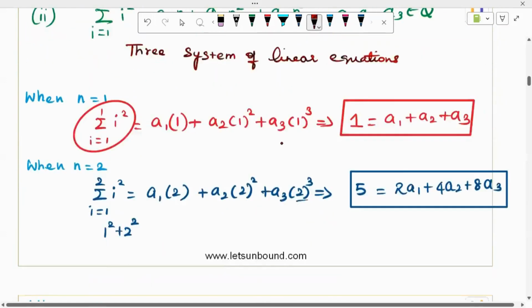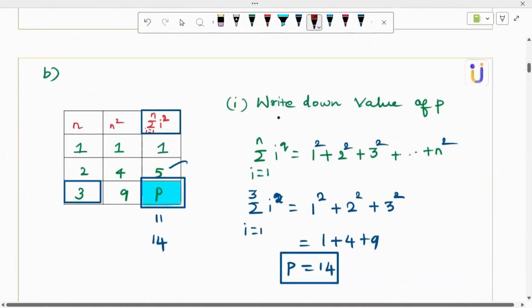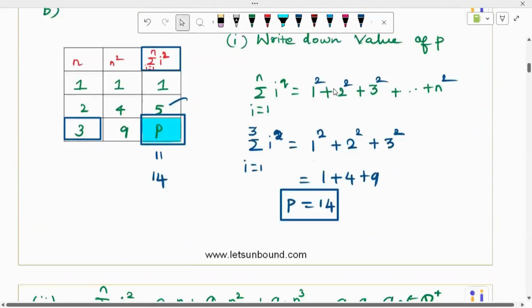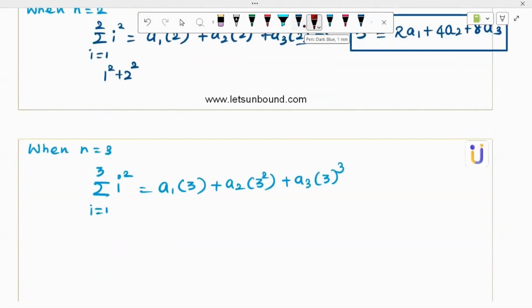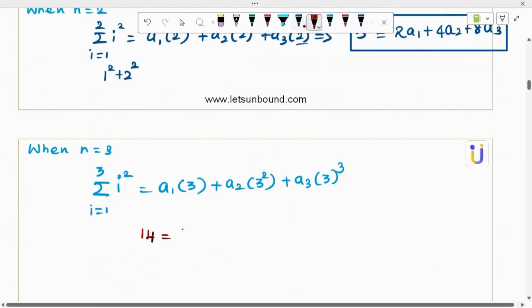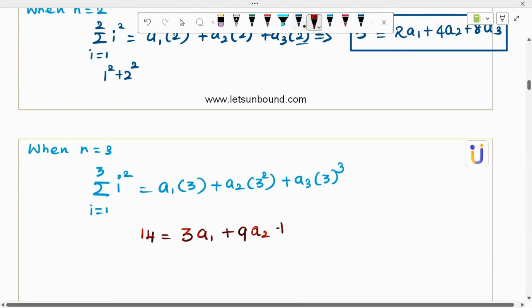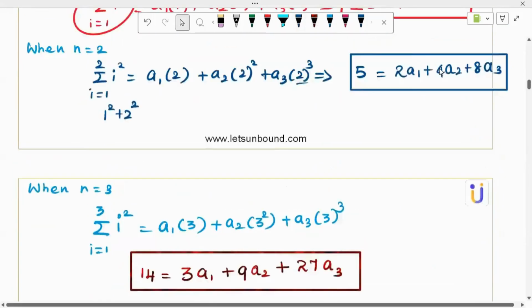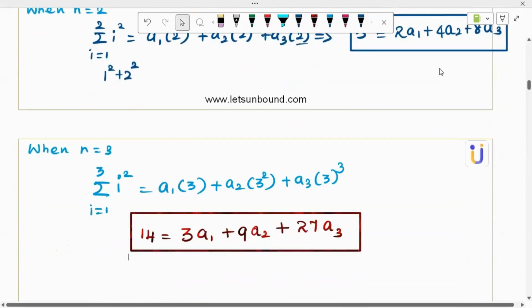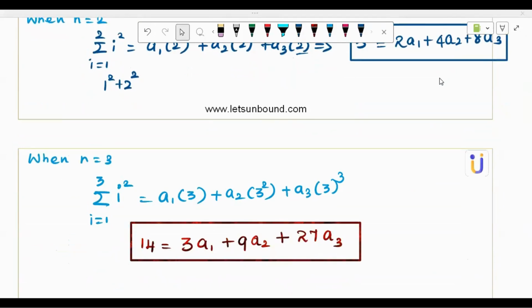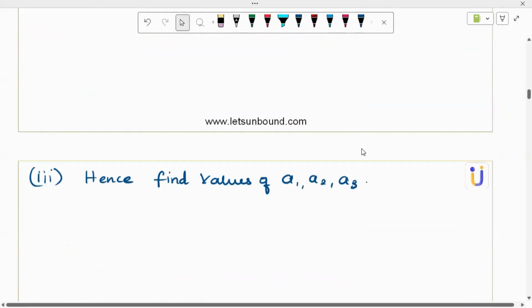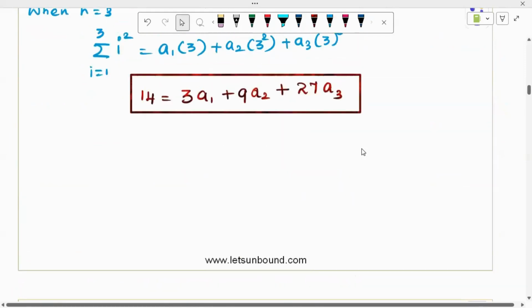Sigma i equals 1 to 3 i square means it's p. We already found it. That's 14. So left side it's 14 equals 3a1 plus 9a2 plus 27a3. We got a third equation too. So that's simple. We constructed 3 linear equations. Right? And next part is to solve this. Hence, find the values of a1, a2, and a3.